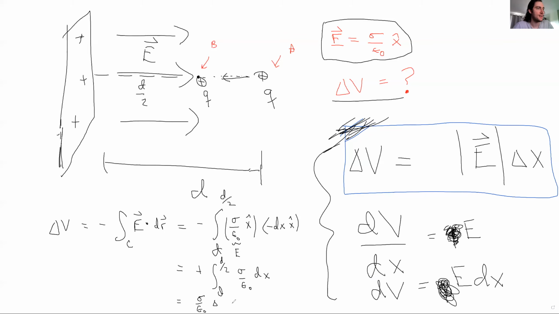Confirming this formula over here, we want to make sure we get the sign right. So it's going to be x evaluated at d over 2 minus x evaluated at d. And so what we end up with is minus sigma over epsilon naught times d over 2.